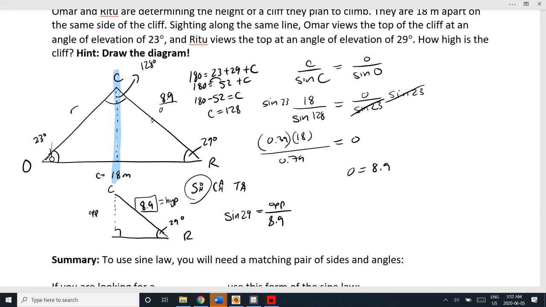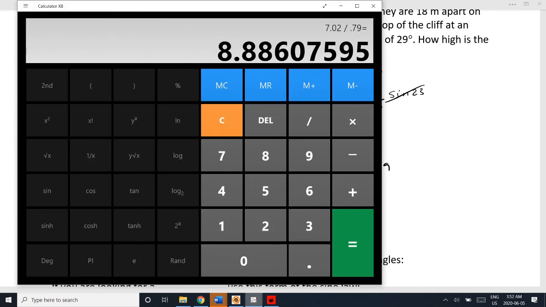Now, let's solve for this. So we can just solve for sine 29 and multiply both sides by 8.9. Actually, we'll multiply 8.9 first, just to get rid of it over here and here. And we just have to figure out what this is to get this distance here, the opposite, which is the height. So let's go ahead and do that. So we have 8.9 times sine 29. Sine 29 is equal to 0.484.